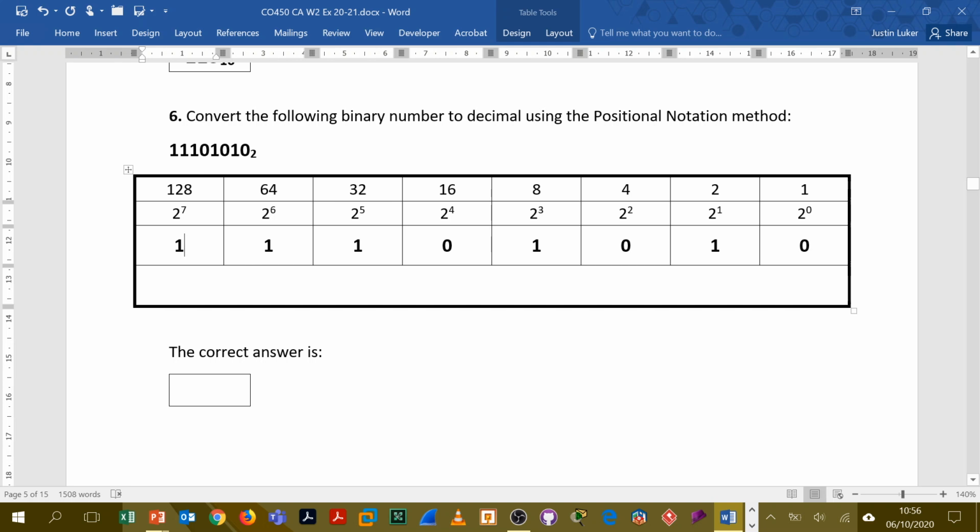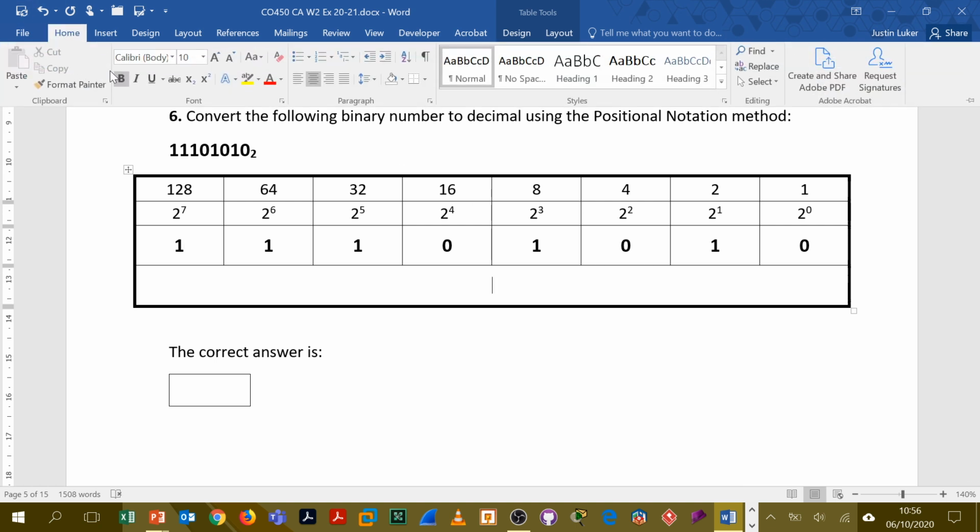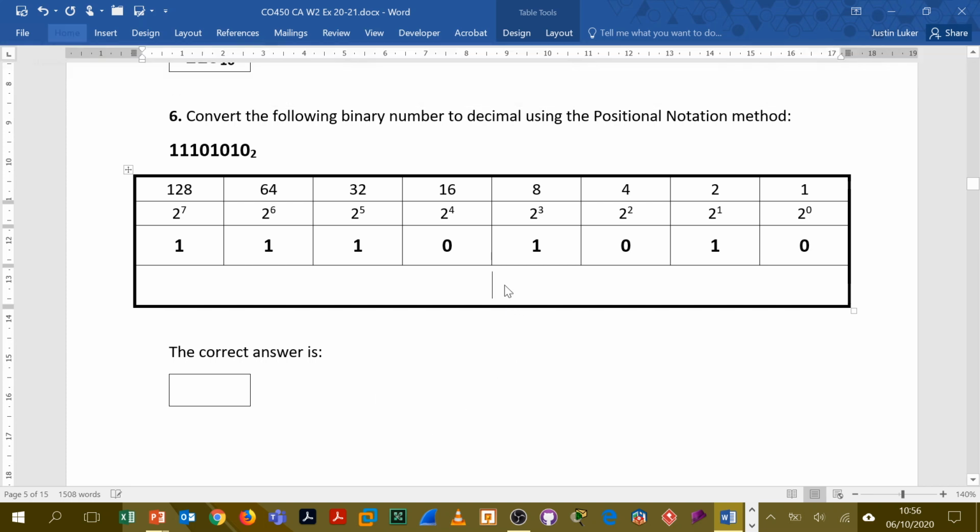So positional notation is fairly straightforward to do. You quickly get into the habit of seeing what you're doing with it. So 128 plus 64 plus 32 plus 8 plus 2.